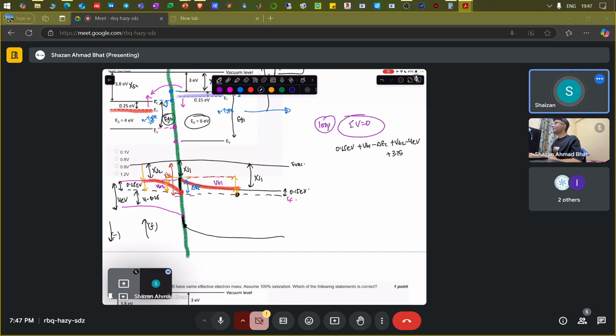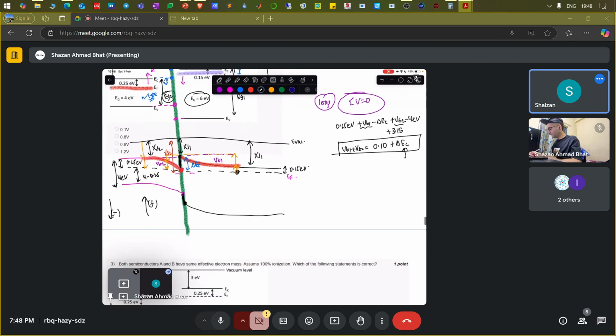And it turns out when we have to compute VB1 plus VB2, you do the computation, you bring all of the things here, and what do you get? 0.10 plus delta EC because delta EC is unknown. Delta EC is this thing.